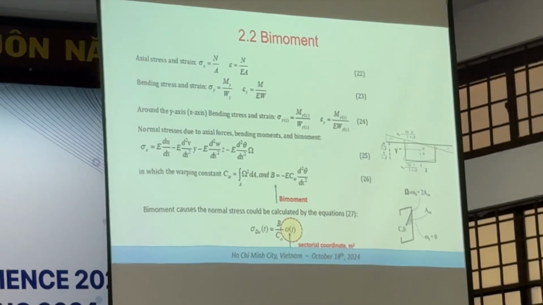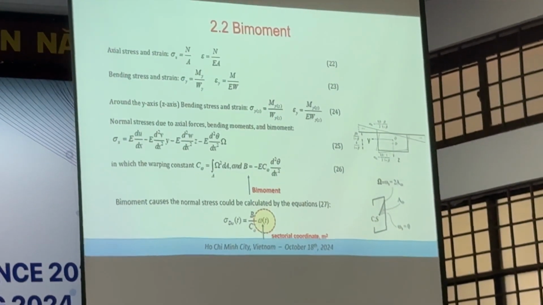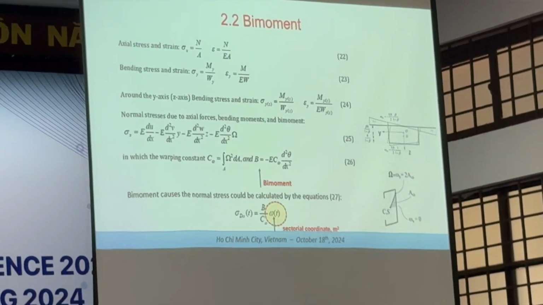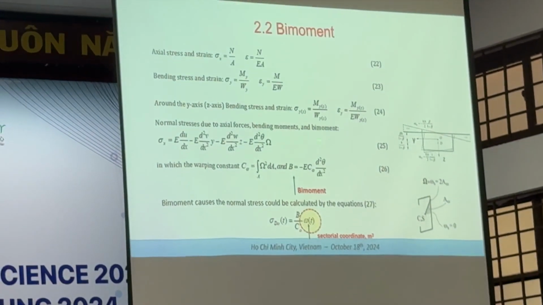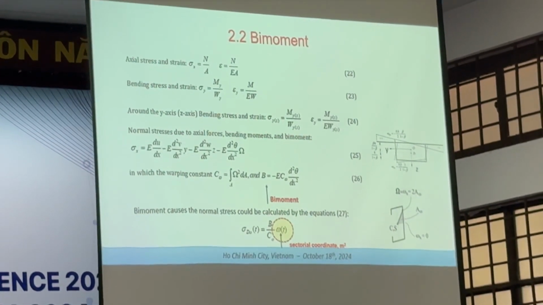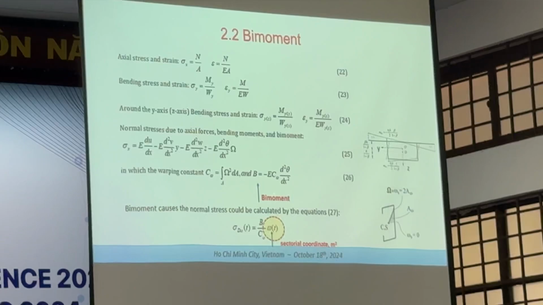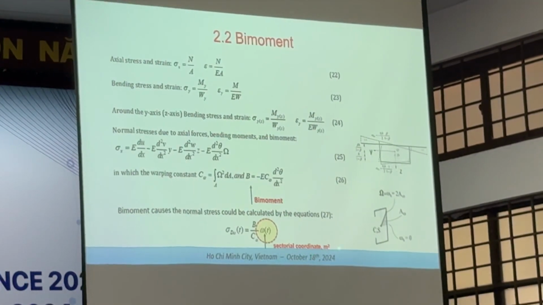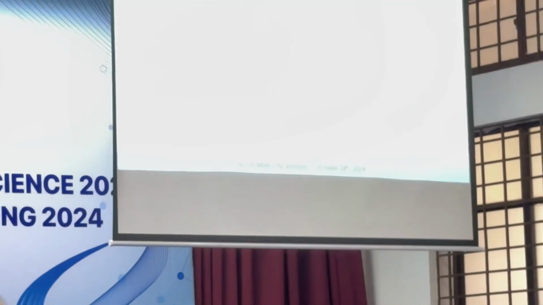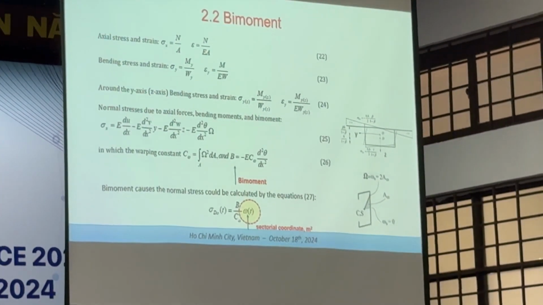So we make use of some theory about torsion for thin-walled structures in order to mention the bimoment. Bimoment can cause the axial stress sigma_omega.